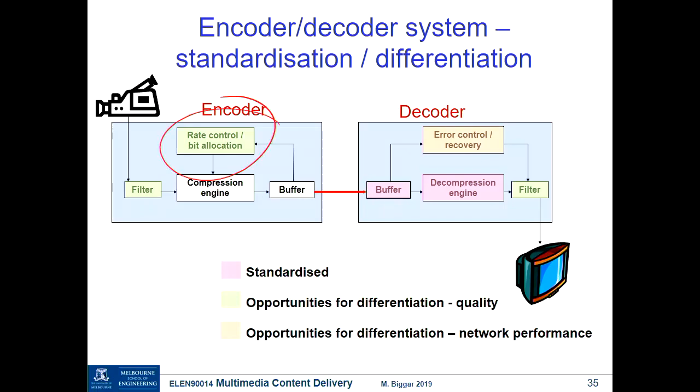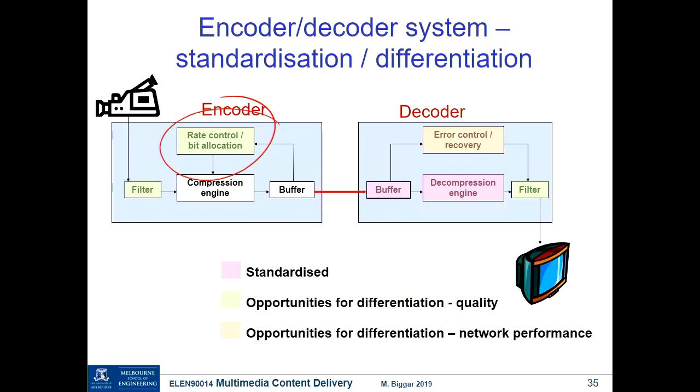At this rate control bit allocation thing, because I've got a continuously changing picture coming through here with different demands for bits. So how do I make this decision about how accurately, or what quality, or what quantization step size I should use for any particular part of any particular picture when I don't know what's coming next?